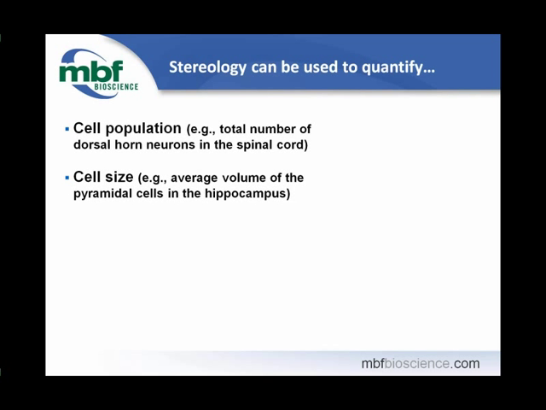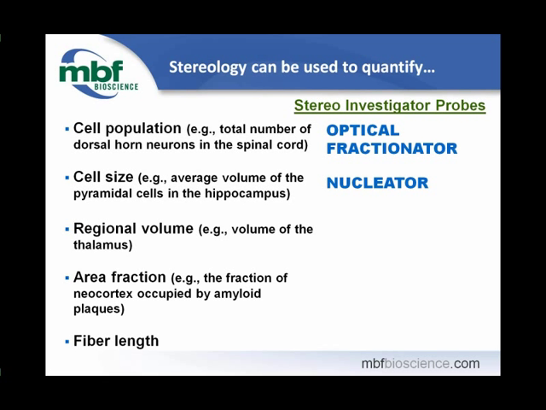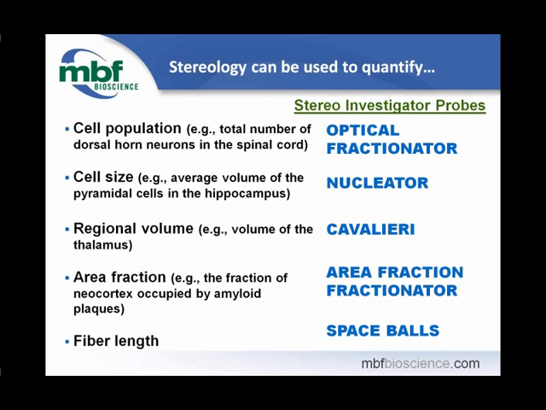Stereology can be used to quantify a number of biological features, including cell population, cell size, regional volume, area fraction, or fiber length. The most commonly used stereological probes are listed on the right, and those are integrated into Stereo Investigator. We're going to focus on the optical fractionator probe, which allows you to quantify numbers of objects, so cell populations, synaptic numbers, spine numbers.